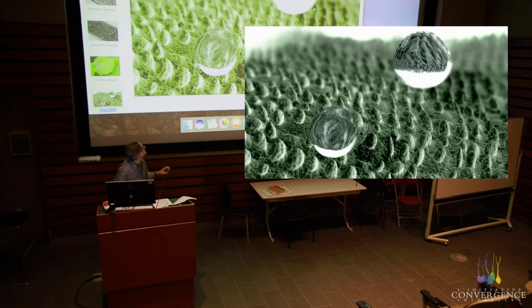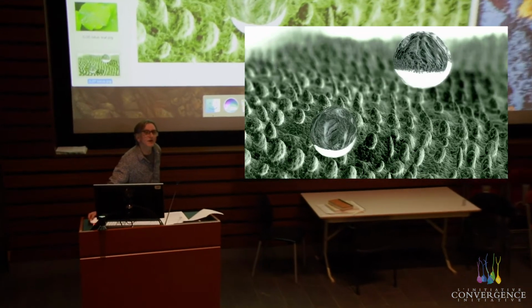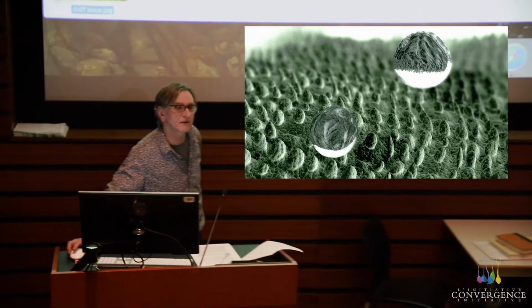And as it does so, just as every droplet of water wants to form a sphere, it takes with it any particles of dirt or whatever may be on the lotus leaf.